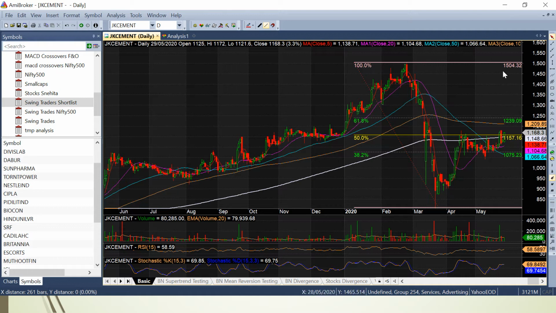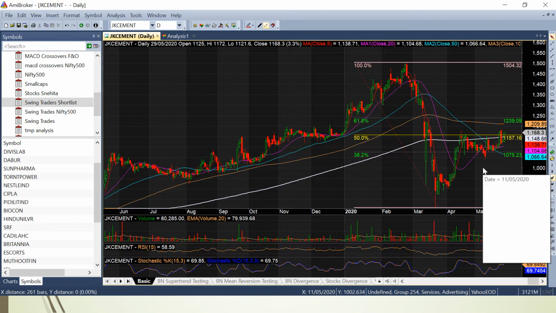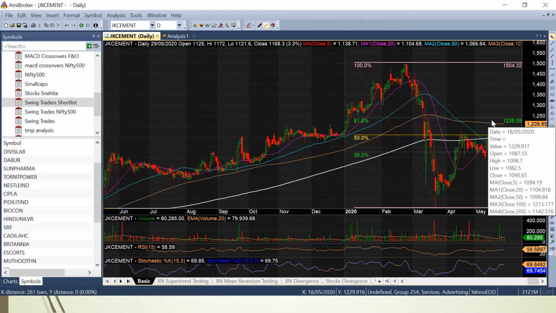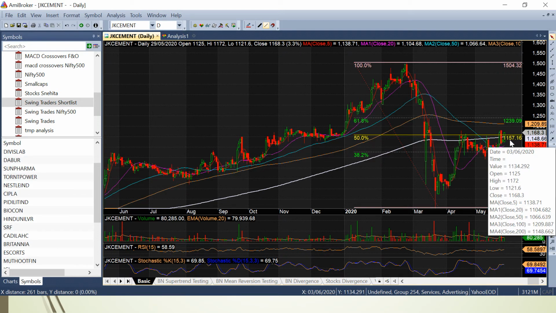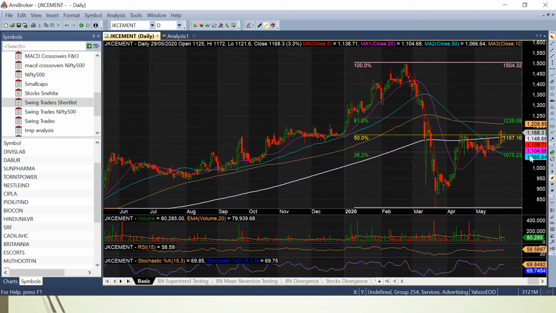So I would rather go for the 100%, 1500 kind of target if I buy JK Cement. The reason is that I am buying JK Cement because of this pole and flag pattern which has happened, and this is right now pushing to go out of it.